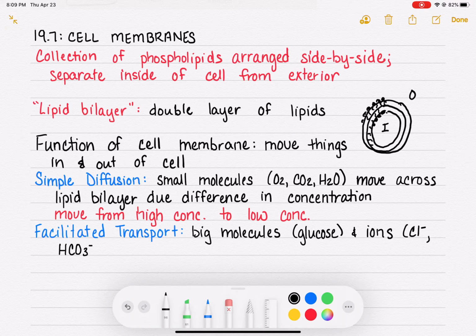And this, again, is being moved due to a difference in concentration. And also, just like simple diffusion, it is moving from the high concentration to the low concentration.